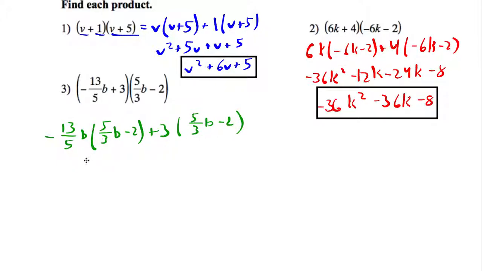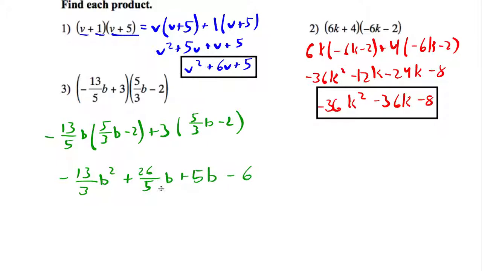So here I get negative 13 over 3b squared plus 2 times 13 over 5, which is going to be plus 26 over 5b, plus here, the 3's will cancel out, so I get plus 5b minus 6.